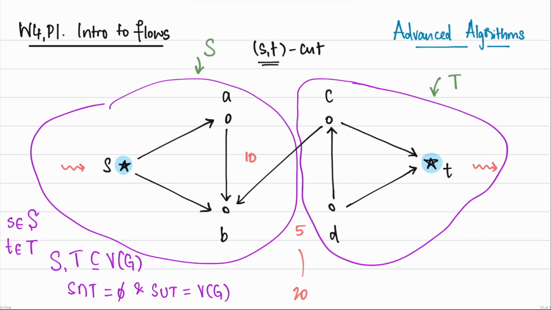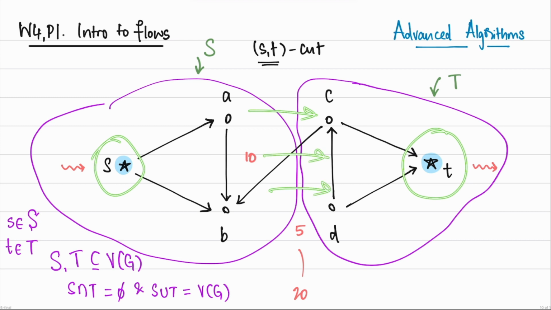And this again is not difficult to appreciate intuitively, because what we did was we split the graph into two parts. One part contains the vertex S, the other part contains the vertex T, and we basically cut off all the edges that could take you from one part to the other, right?